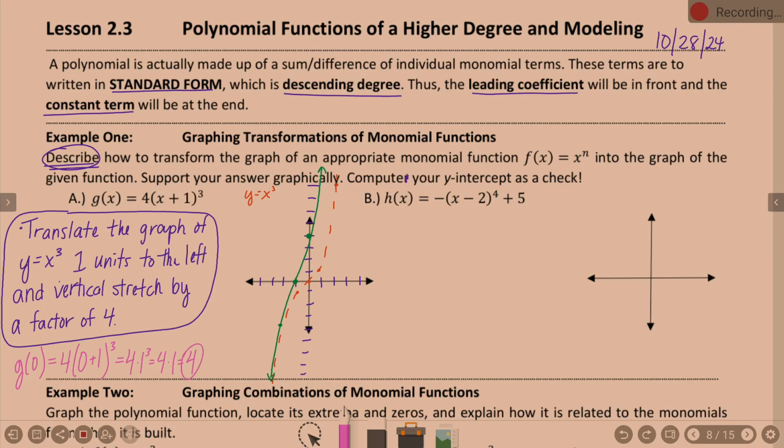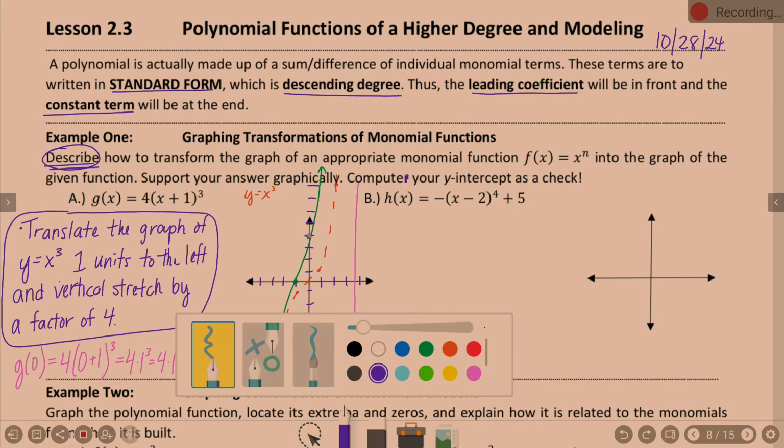I mean, kind of, yeah. That's what we have right here in green, isn't it? So that was your check of your y-intercept. Putting 0 in for x, because 0 is always the easiest number to plug in. Put in 0, we see that it works. Questions on that one?